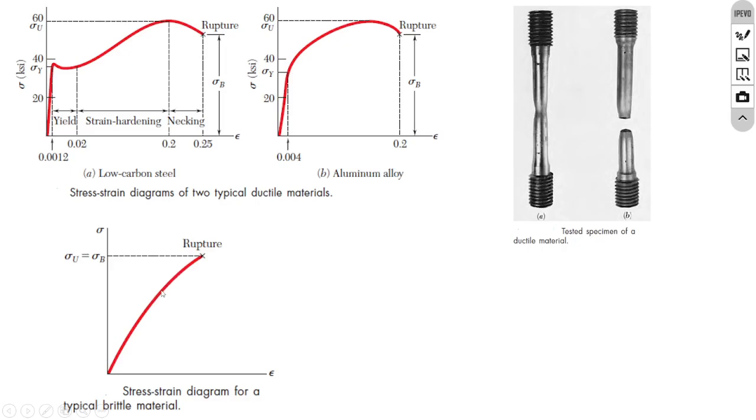This part is almost linear, and then, without having a considerable plastic deformation, we see that the object is broken. This behavior is the behavior of a brittle material. We say that if the deformation is not sensible, cannot be seen with the naked eye, and unexpectedly the object is broken, then that material is a brittle material.